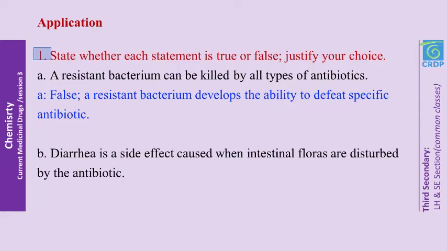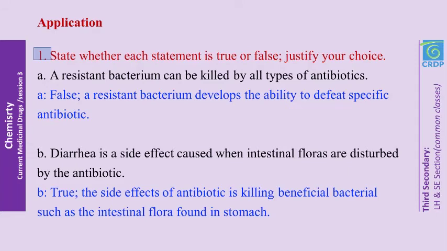B. Diarrhea is a side effect caused when intestinal flora are disturbed by the antibiotic. The answer is yes, it is true. A side effect of an antibiotic is killing beneficial bacteria such as the intestinal flora found in the stomach.